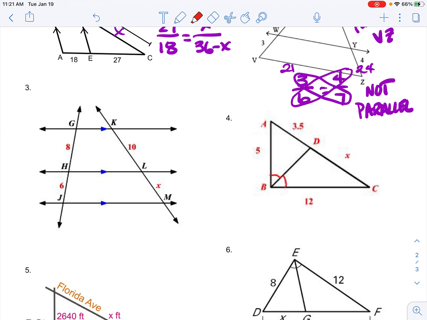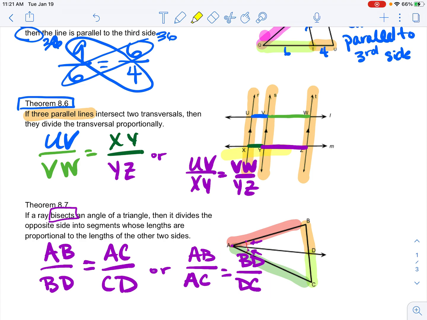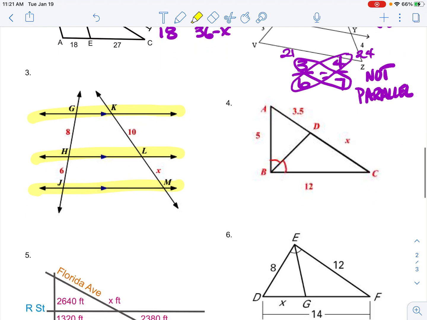For number 3, I see 3 parallel lines. 1, 2, 3. So if I've got my 3 parallel lines, I know they're dividing it proportionally. So I have 8 over 6, and I have 10 over x.